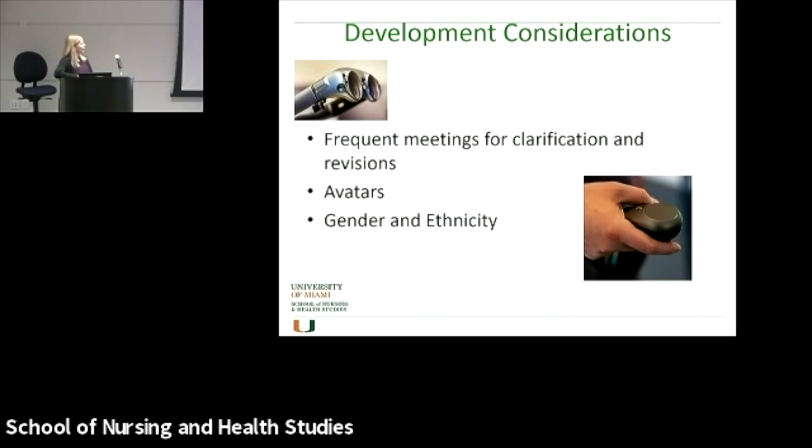So again, at this stage, the student will not be interfacing directly in the scenario itself, so we have to use avatars. Some considerations for the avatars themselves: making sure that I'm addressing gender, ethnicity, those types of issues to really emulate realism, etc.